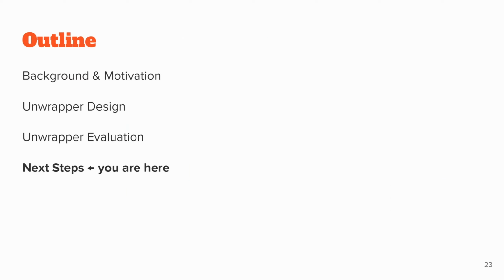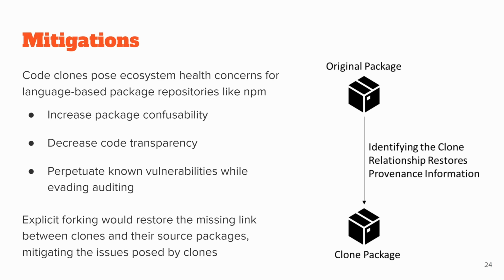Now that I've discussed the evaluation of our tool Unwrapper, I want to get into some next steps and where we go from here. As shown in our analysis, code clones pose ecosystem health concerns for language-based package repositories like NPM. They increase the confusability of packages, they decrease the transparency of code in the repository, and they perpetuate known vulnerabilities while evading auditing.